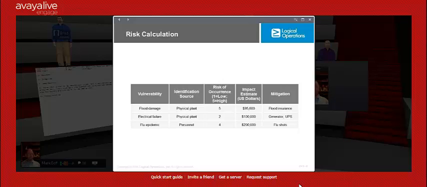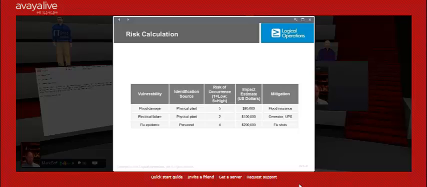So, these risk calculations. Now let's talk about some terminology. Go to your book there. Some terms you're going to need to be familiar with. There's what's called a single loss expectancy, an SLE. Look at this chart on the wall here. If my facility floods, the SLE for that is $95,000.